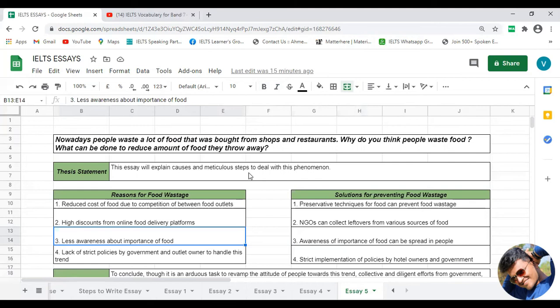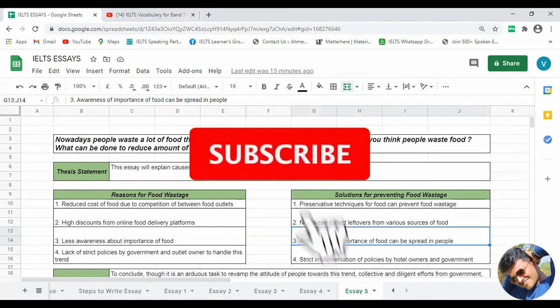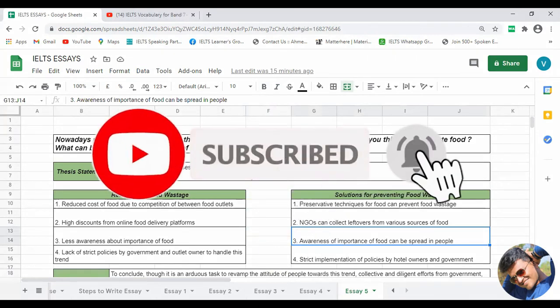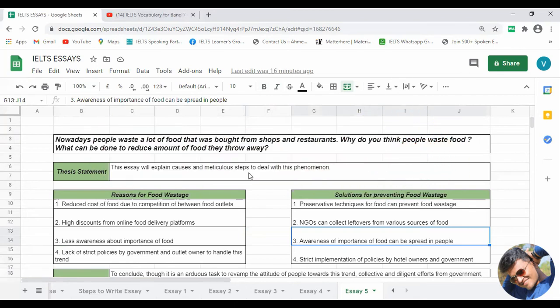That is a reason for wastage of food. Then what should be done? Simple. The awareness should be spread. So my third point, or the third solution of this particular problem, as you can see on my screen, is that awareness of the importance of food can be spread among people.